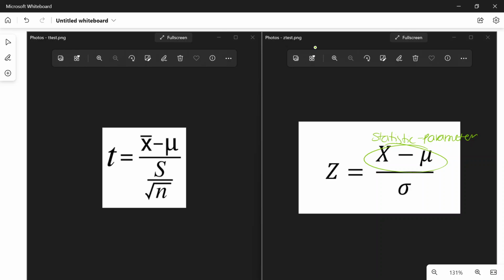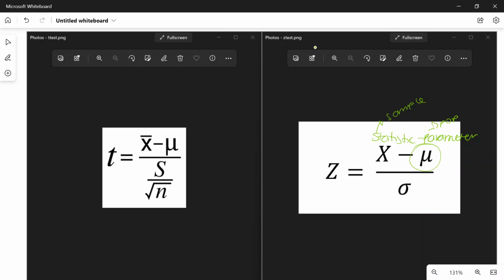It's the same thing, except one is from a sample, one is from a population, S sample, P population. And then you divide it by the standard deviation of the population, right? And we are given X bar, which is the mean that we just found. We usually are given that.